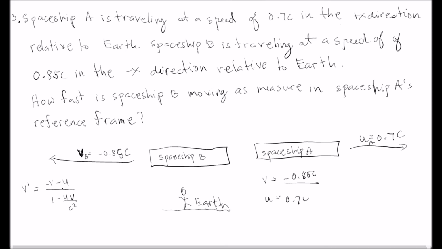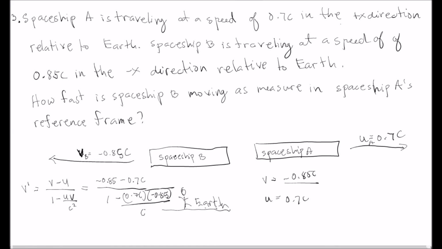Okay, so let us solve. v prime equals negative 0.85 c minus the speed of the moving frame, which is 0.7 c, all over 1 minus u, which is 0.7 c, multiplied by negative 0.85 c, all over c squared.